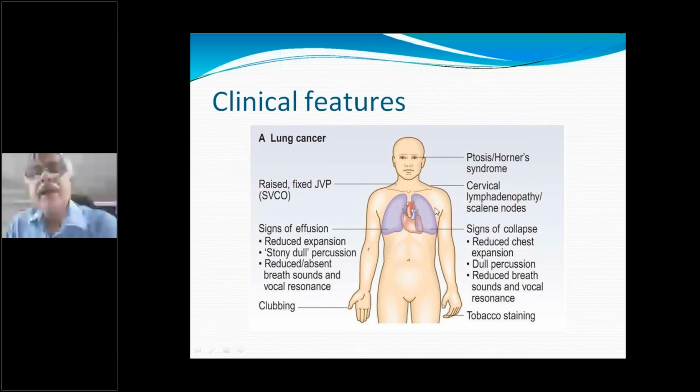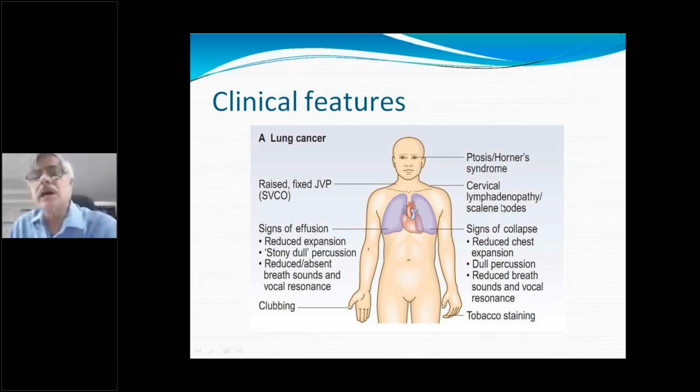And then cervical lymphadenopathy may be there. What is the sign? What is the sign, Madam Aisha? This cervical lymph node, one supraclavicular lymph node on the left side, will be enlarged.